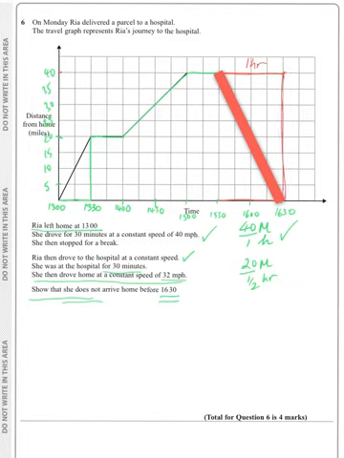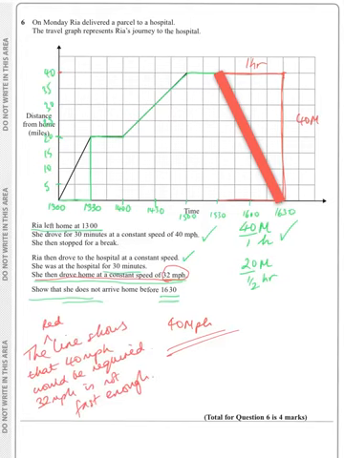So that's 40 miles in 1 hour. So evidently, driving home at the constant speed of 32 miles per hour would not be fast enough. So she does not arrive home before 16:30. So that's the explanation I would give. I might write a little bit more after that, but I'm sure you can manage that yourself. Okay, and I've done a little explanation here for you to read.